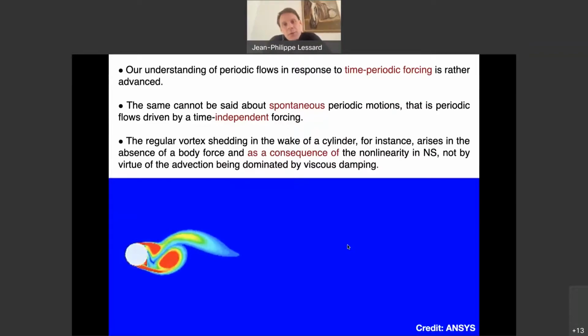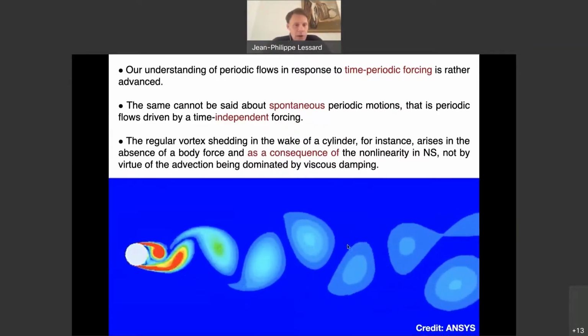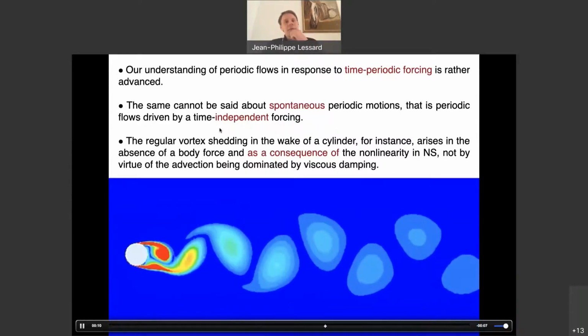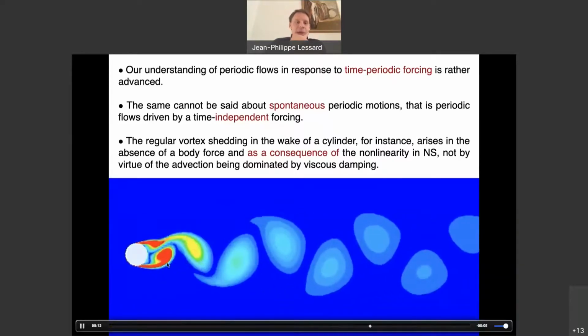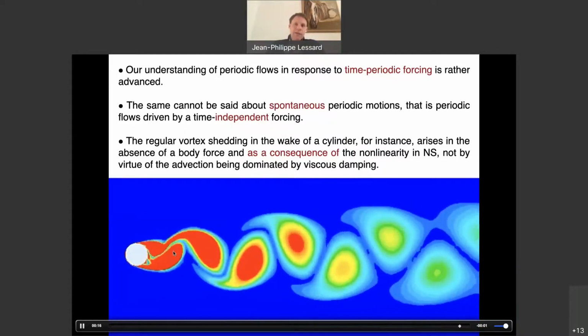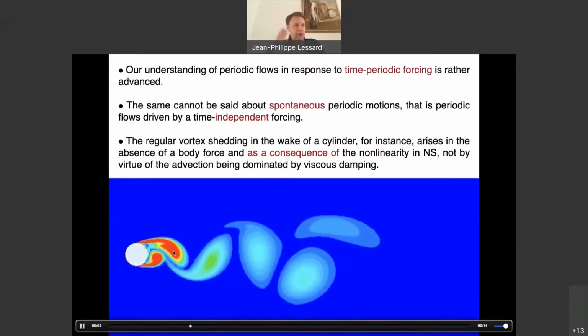And an example of that would be the famous experiment of von Karman, where you have a cylinder immersed in a fluid, and then you have a steady flow coming from the left, and then you'll have this periodic motion that will arise. And if you had very large viscosity, in that case, that periodic motion would not be present.